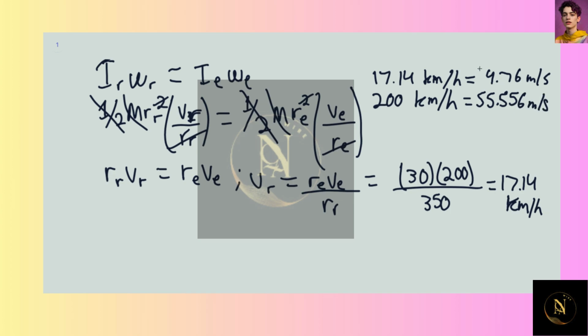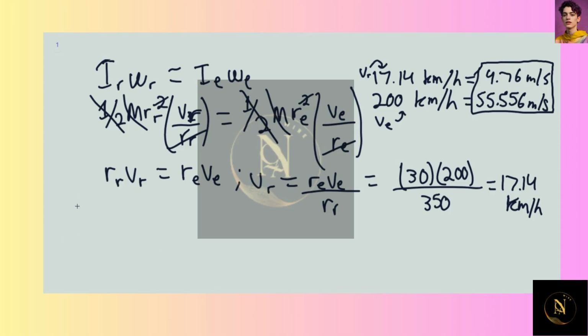And once we have that, these are the values that we're going to be using from now on. This would be the velocity of the rim, and then this would be the velocity of the eye.